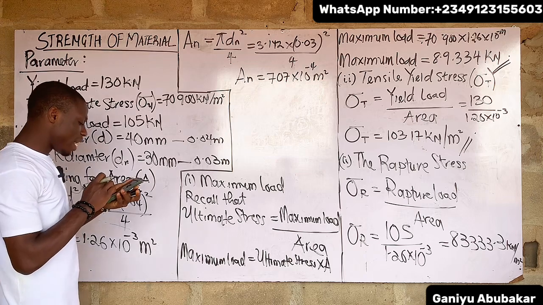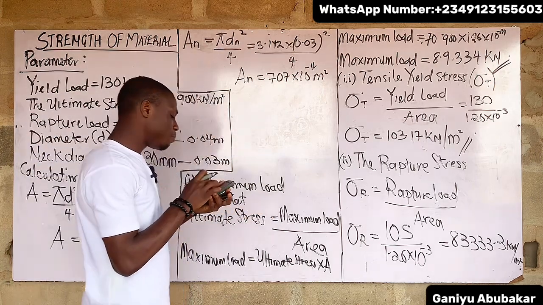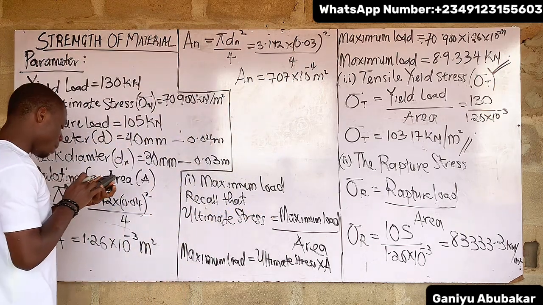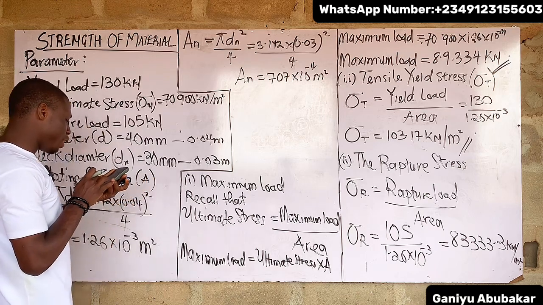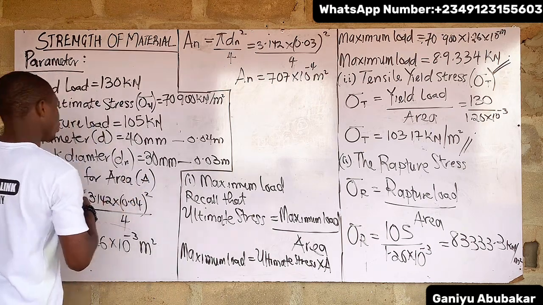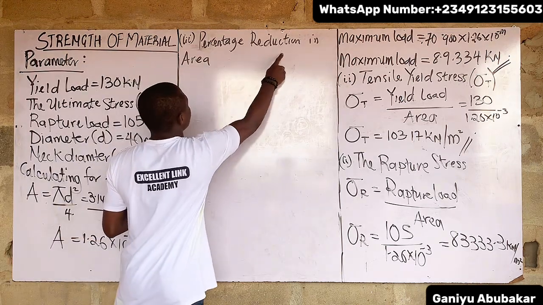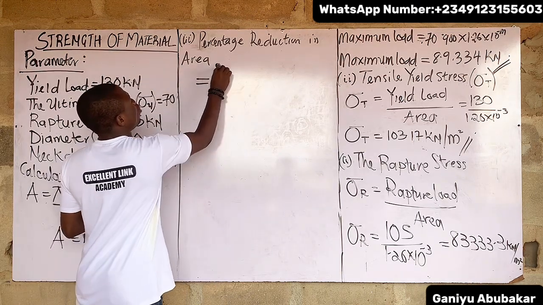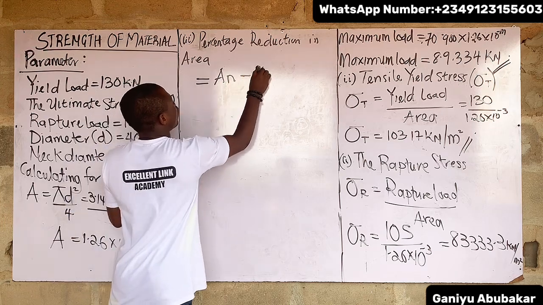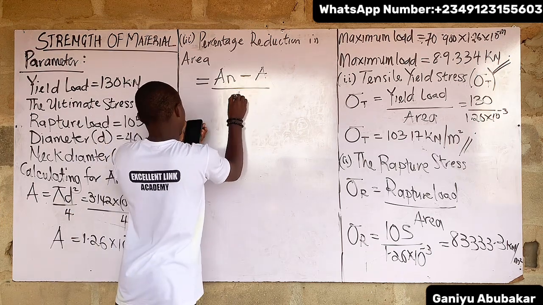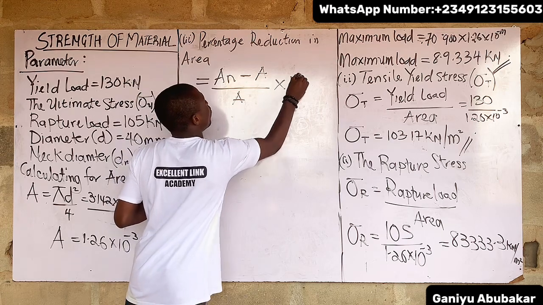All right, let's get the last part done. The last part says percentage reduction in area. So let's do that part. The percentage reduction in area becomes neck area minus original area all over original area times 100%.